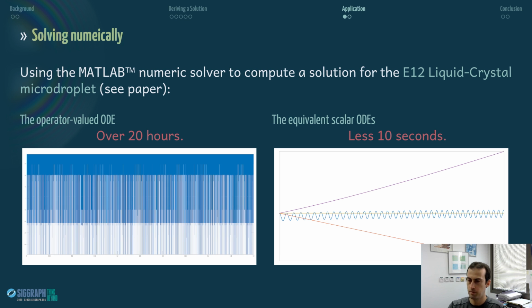A few seconds per frame is still way too much, so we do need to derive actual analytic approximations for those 4 scalar functions. In the paper, I do exactly that by approximating via finite sums of Gaussian integrals.